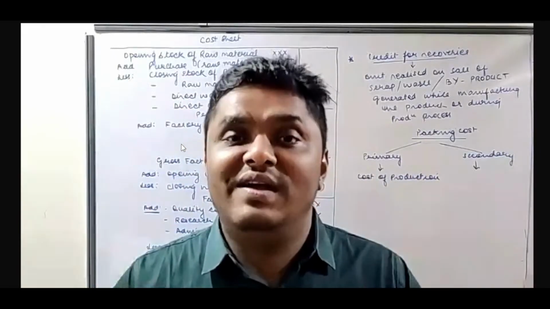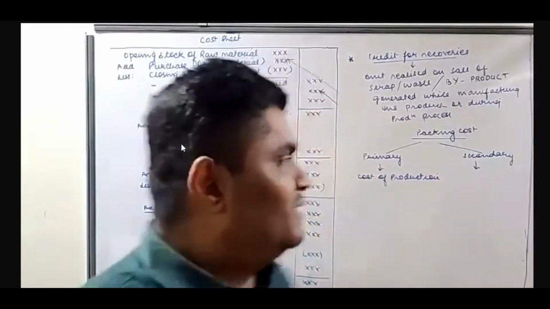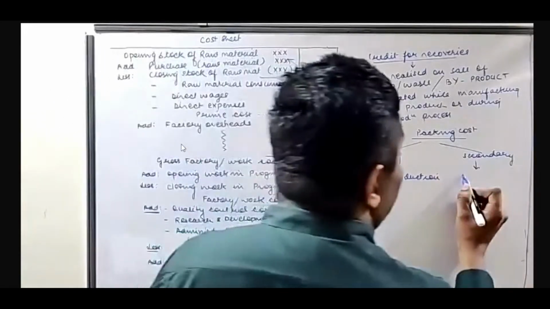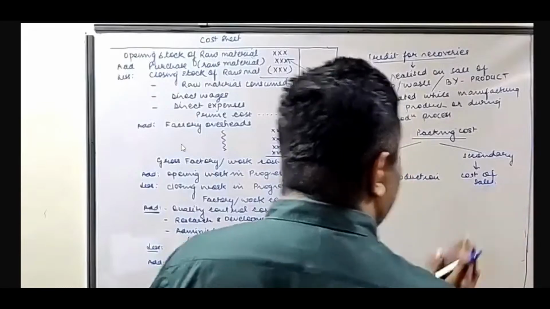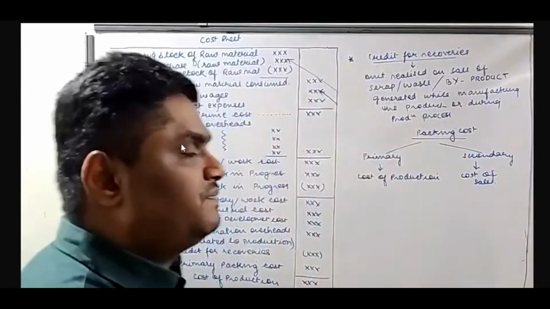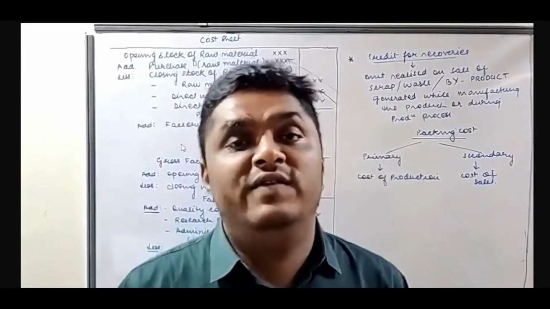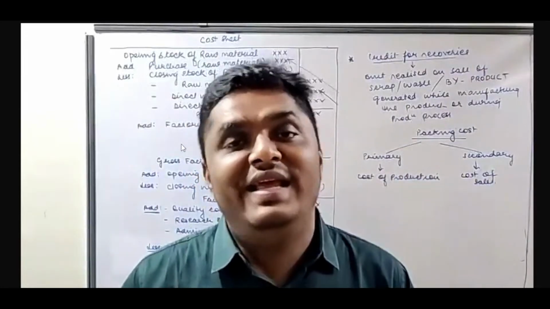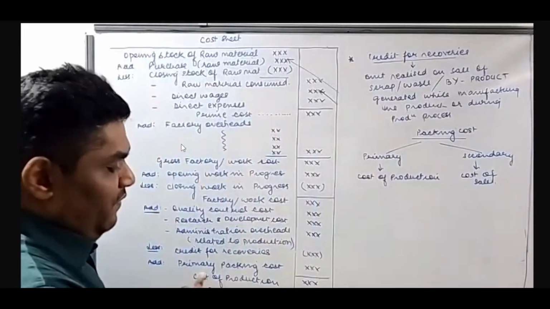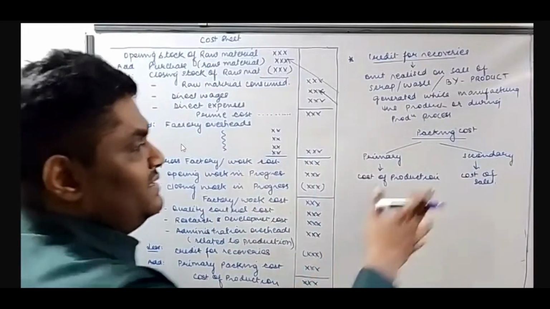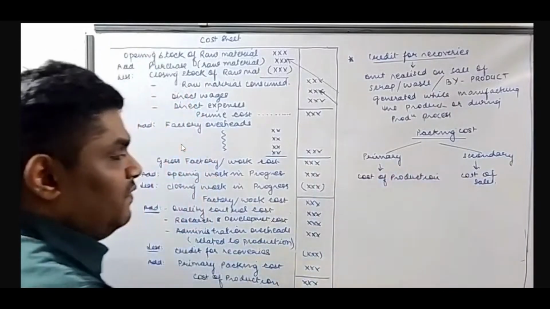The cost of that carton, that is the secondary packing cost, will form part of cost of sales, that is selling and distribution cost. So primary packing cost will form part of cost of production. Secondary packing cost will form part of cost of sales.